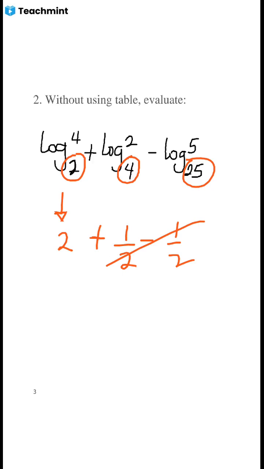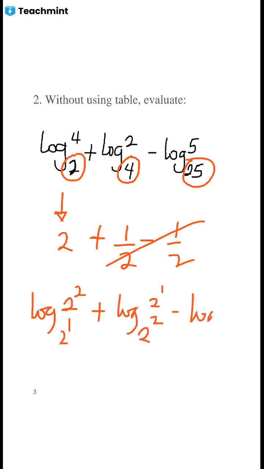Now, let's use that other method I told you I love to use. I can say log 2 raised to power 1, I'm writing them as indices. 4 is 2 raised to power 2, plus log 2 raised to power 1, 4 is 2 raised to power 2, minus log 5 raised to power 2, then 5 raised to power 1.